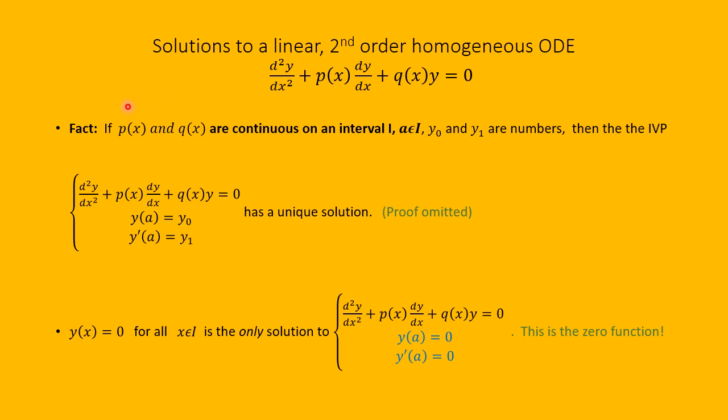And here's a fact which we're not going to prove, but we will be using quite a bit. If p of x and q of x are both continuous on an interval I, and suppose a is a number in that interval I, and suppose that y0 and y1 are numbers, then this initial value problem over here, this homogeneous differential equation, with initial conditions y of a equals y0, y prime of a equals y sub 1, has a unique solution.